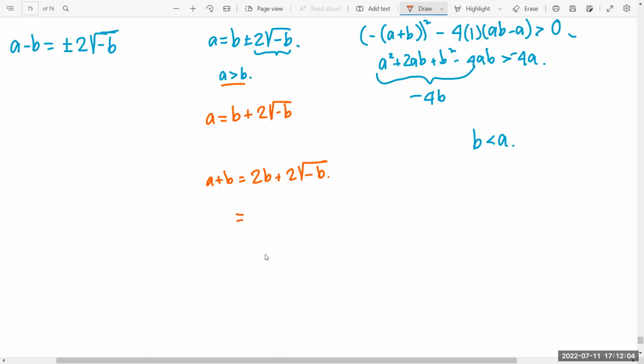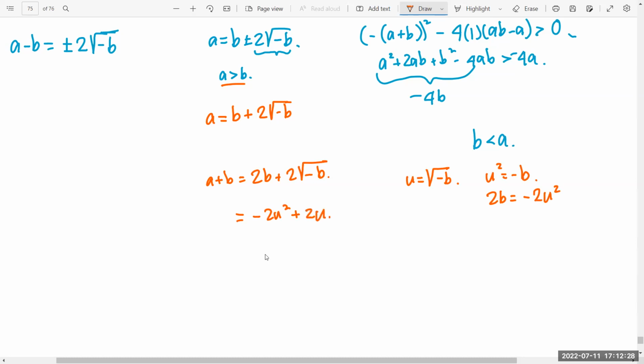One way to do that is, first of all, let's just say u equals square root of negative b. So u squared equals negative b. So 2b equals negative 2u squared. So this becomes negative 2u squared plus 2 times the square root of negative b, which is 2u.